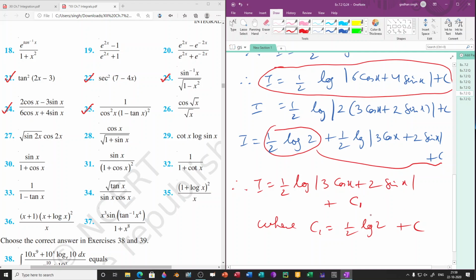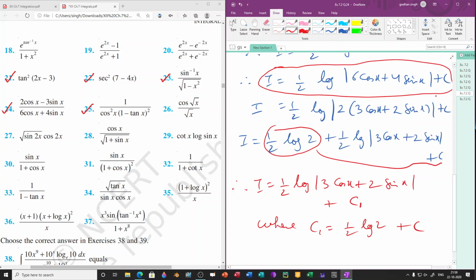That c is a constant, only a notation here, so they have written c1 as c. So there is no change at all. There is no need to do all these steps. If you want, you can do it, it's not necessary. Both the answers are correct. So this is the explanation which I wanted to give you in question number 24.